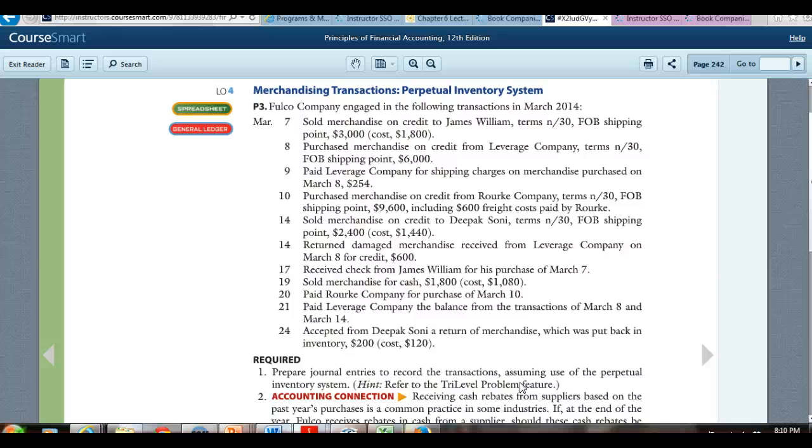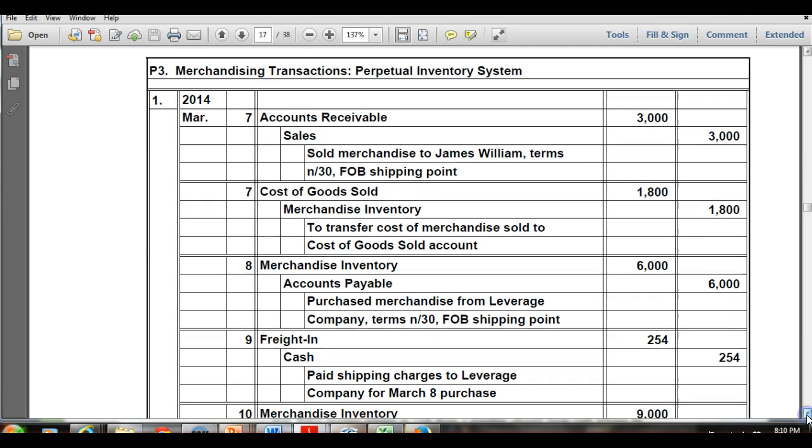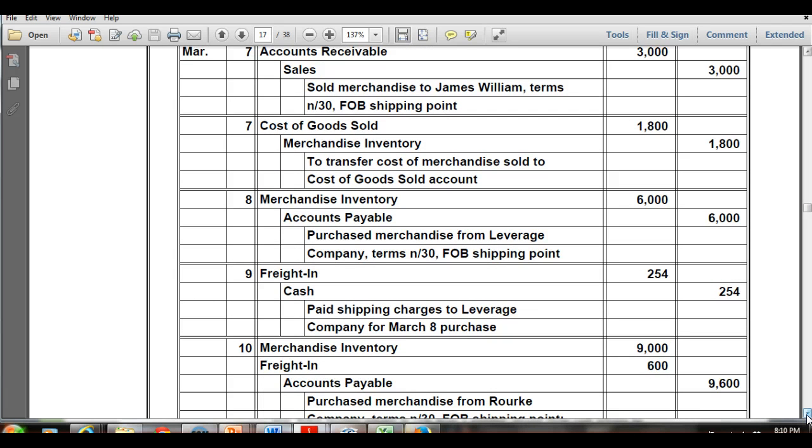What are we going to debit? Merchandise inventory. What are we going to credit, Celeste? If we're purchasing something, yes, accounts payable is our credit. So we're debiting merchandise inventory for $6,000. We're crediting accounts payable for $6,000. Does that make sense, guys?